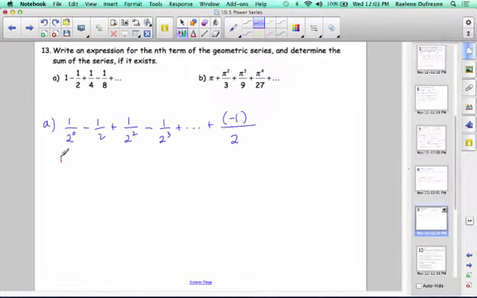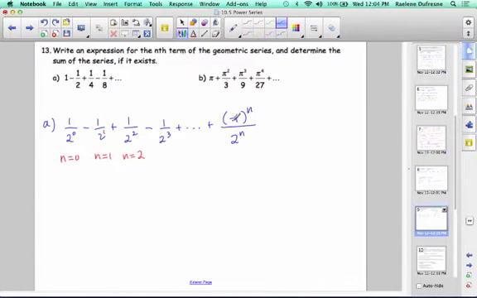We could start the series with n equal to 0 because we have an exponent of 0 and then 1 and then 2. And so then later on we're going to get to n equals n, and so this is going to be 2 to the n, and for even values of n we have a positive term, and for odd values of n we have a negative. So we start off with n here, and we see when n is 0 we would get -1 to the 0 is positive.